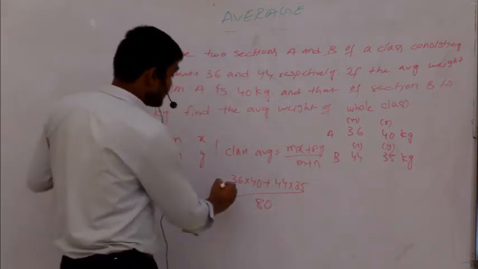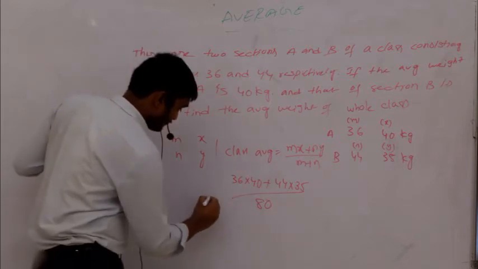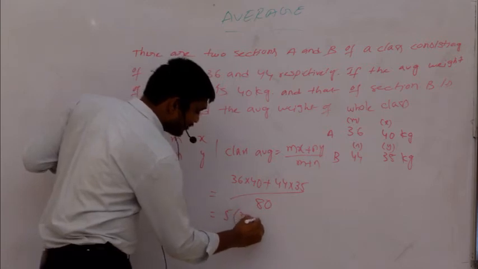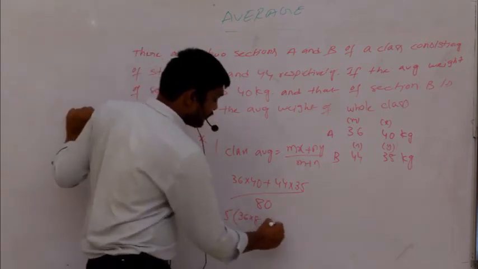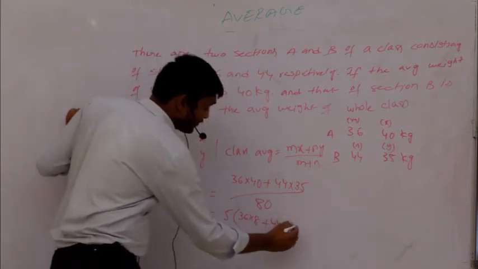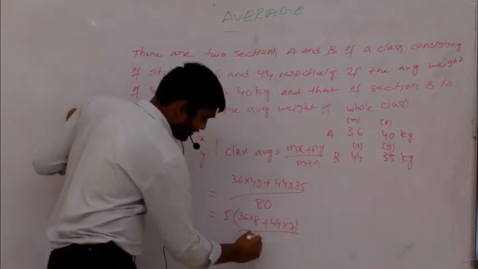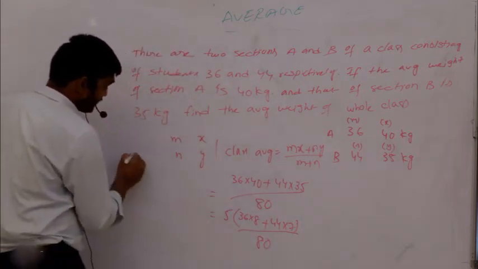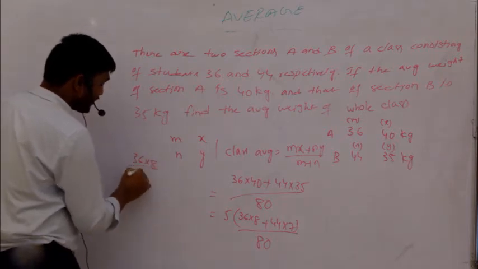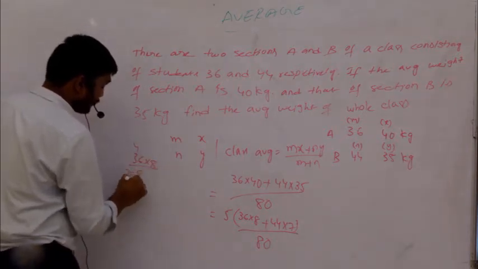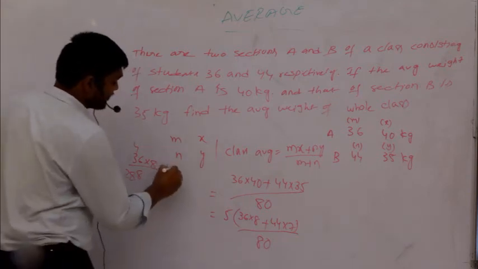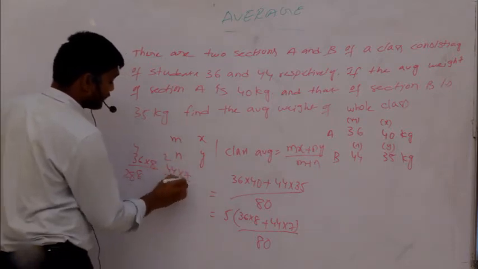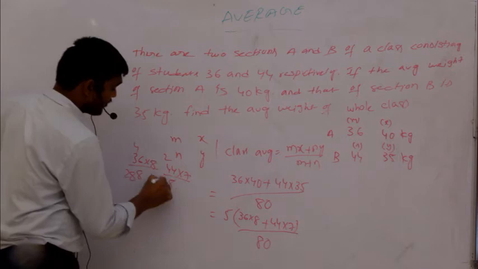So here you can take 5 common. So 36 into 8 plus 44 into 7 by 80. 36 into 8, 8 sixes are 48, so 288, plus 44 into 7, 7 fours are 28, so 308.